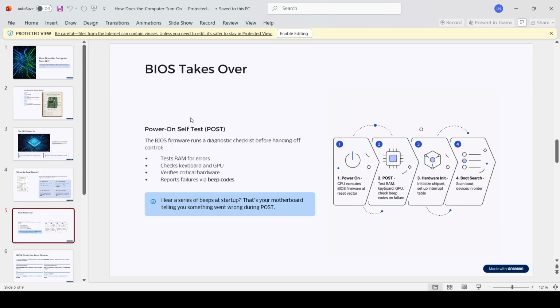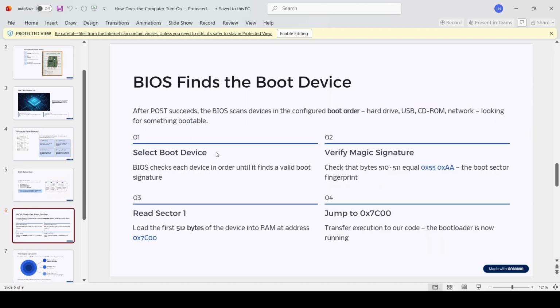After the BIOS initializes everything, let's go to the next slide. It looks for a booting device. After the POST check, it scans for a boot order, which is a sequence of devices.